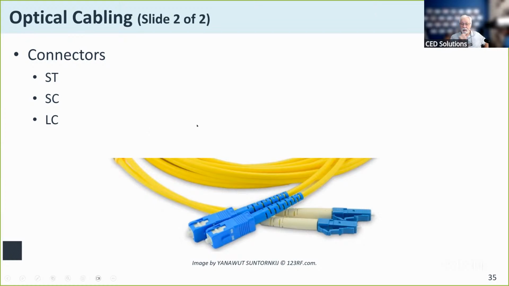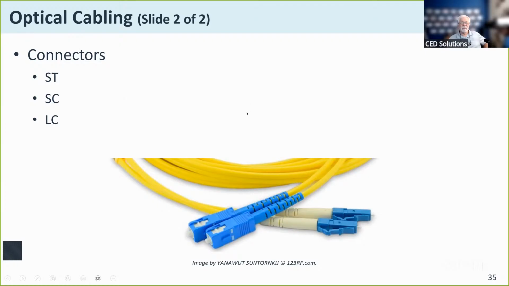And then the multi-mode, thicker core, is used usually for short run type cable, like robotics and things like that. And because of the thickness of the core, they can broadcast multiple light frequency signals on the same core. So multiple signals simultaneously there.